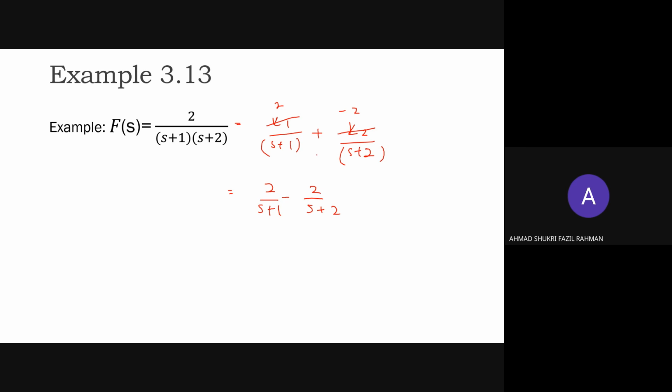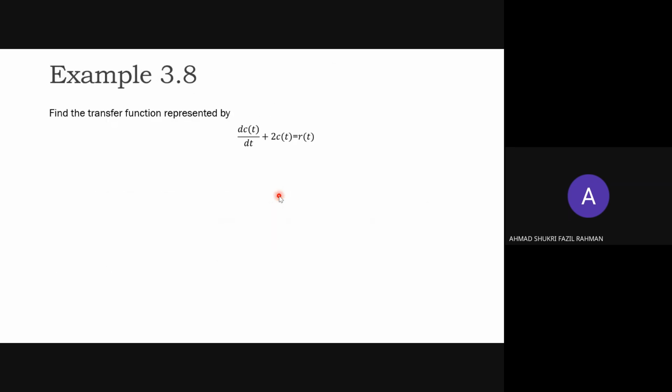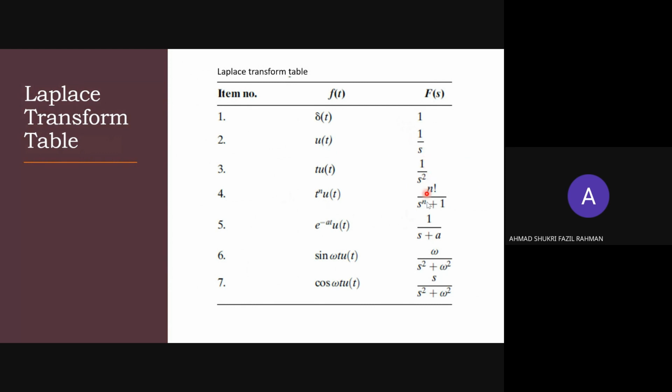So you can see from here, the form previously in the function F(s) is in a form that we can consider as complex. Once we have applied the partial fraction, you can see the form here becomes simpler.